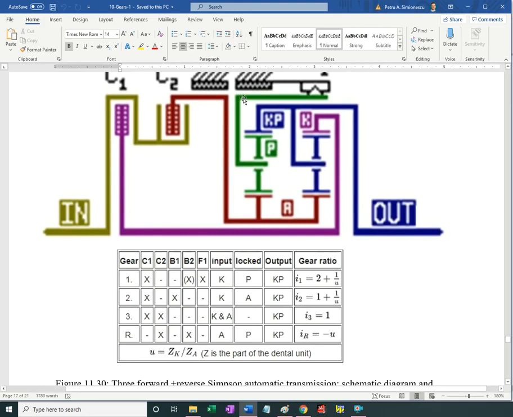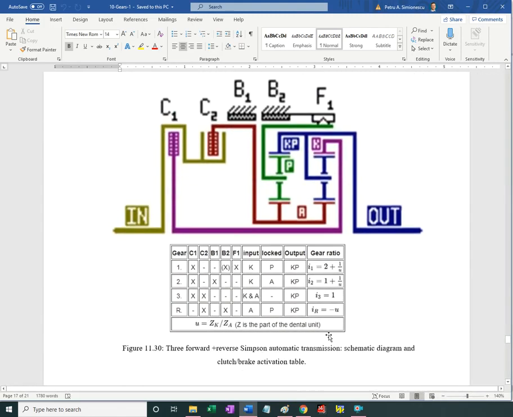I haven't analyzed this Simpson, also one of the early automatic transmissions. This one uses a one-way clutch as part of its design. So likewise, two clutches and 2 brakes, and the activation table is listed here.